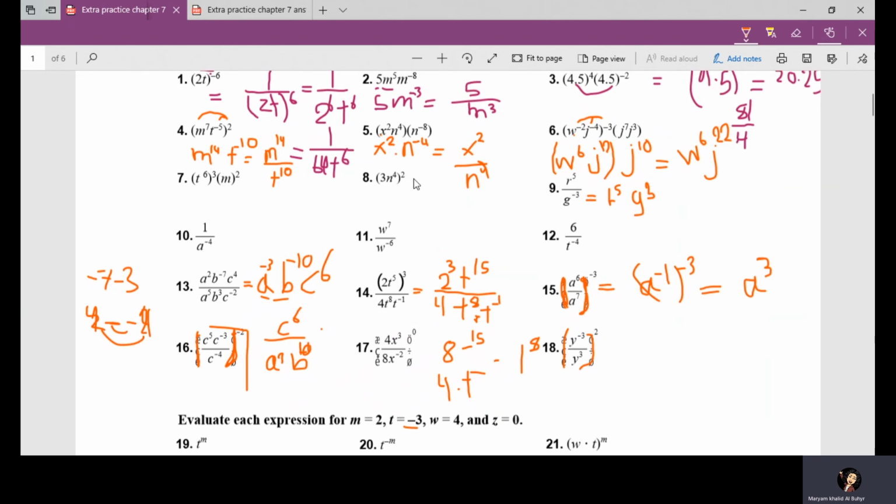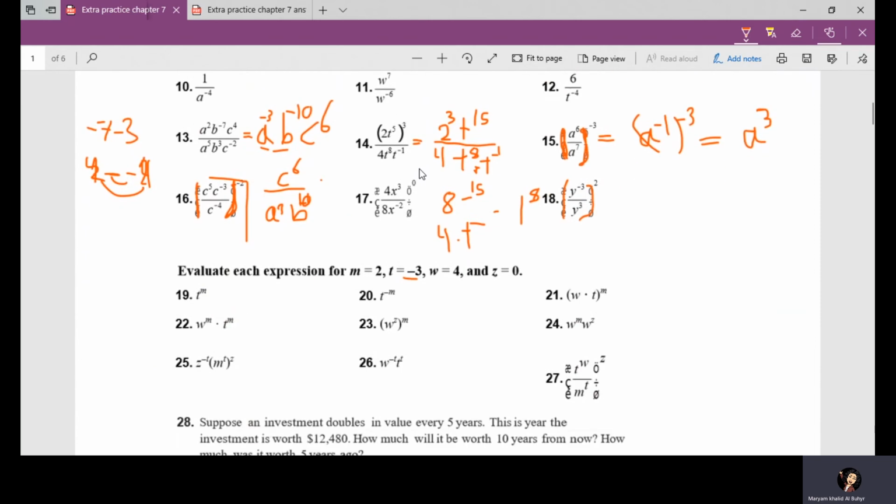If you have something like that, distribute the power. Once you distribute the power, look at the numbers that you have inside. Do you have the same base? If you have the same base, between them multiplication, add the powers. If between them division, subtract the powers. And so on. Do the rest of the calculation for the numbers.